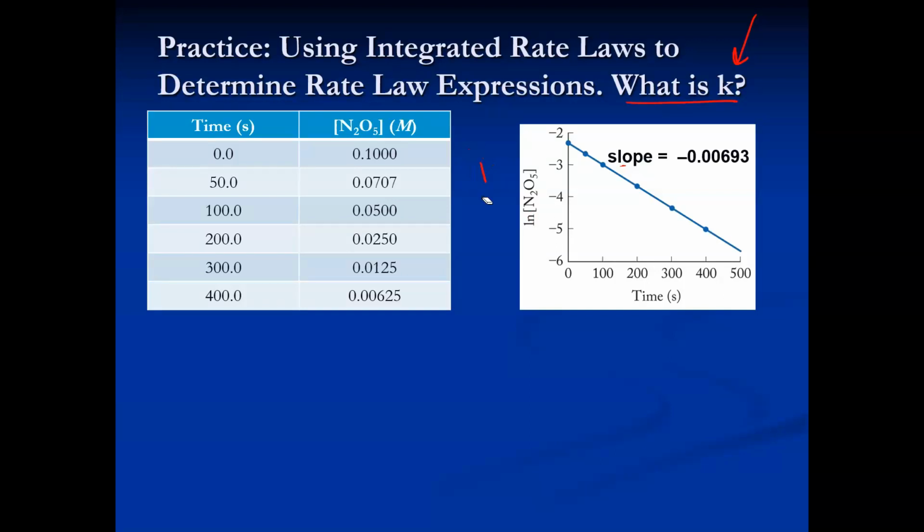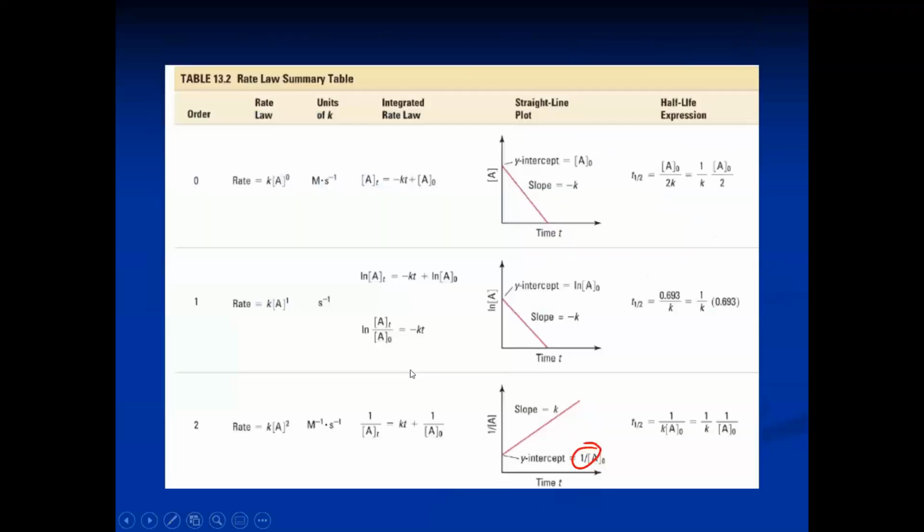The slope is negative. Whenever there's a negative slope, and this is an integrated rate law, k is always the negative of the slope. So k is just going to be positive 0.00693. Now, you do have to remember the units of k, and this is going to be inverse seconds, or 1/s.